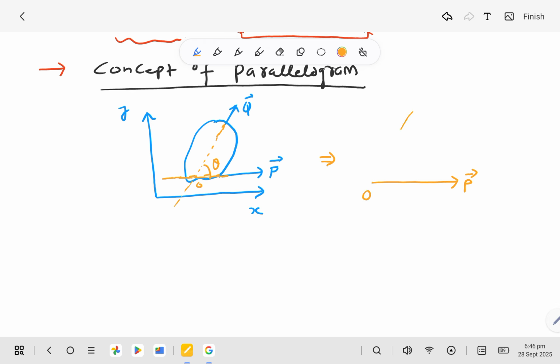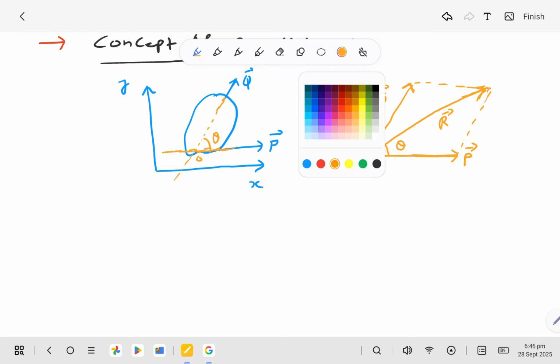Okay, so this point is O, and this force is Q, and if I make a parallelogram, with angle theta, so if we can represent the forces acting on the body in this way, it means force P is one side of this parallelogram, force Q is another side of the parallelogram, then the resultant force will be the diagonal of this parallelogram.